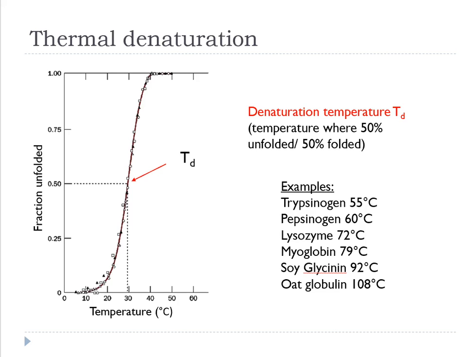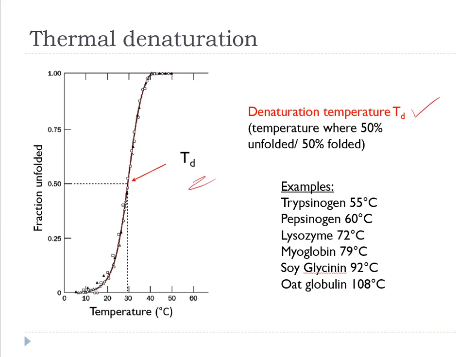The most common way to denature proteins is through heat. When a protein solution is gradually heated above a critical temperature, it undergoes a sharp transition from the native state to the denatured state. That critical temperature is called denaturation temperature, or in some cases, melting temperature of the proteins.